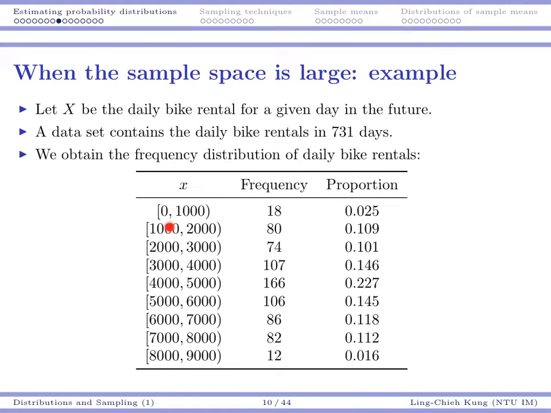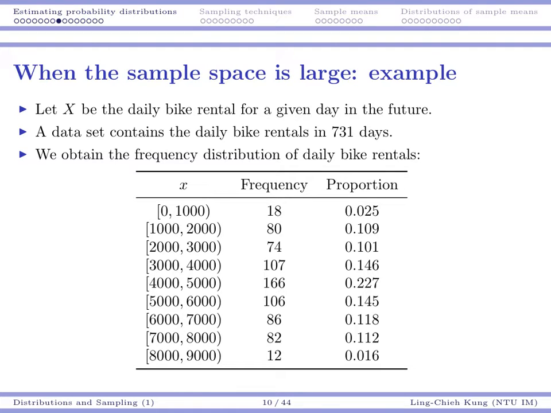And for each class, I can count the proportion of values that happen in this class. Okay, these values are just the relative frequencies that we did for frequency distribution.